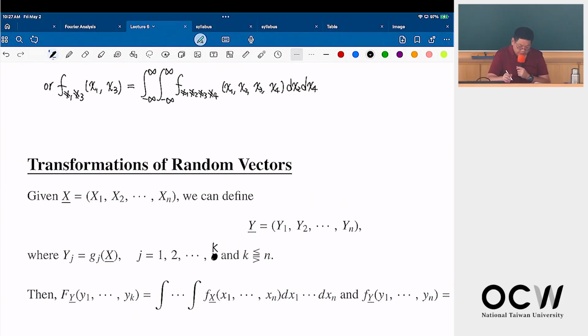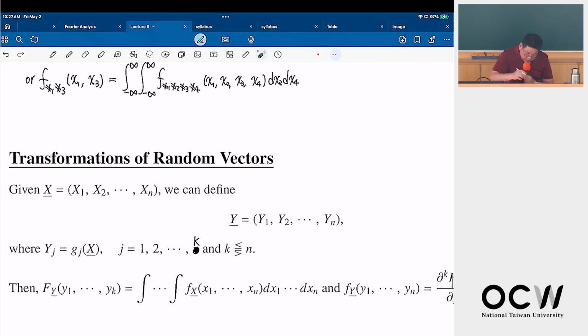I have random variables 1 to n. And for this transformation, it could be yk to gk.